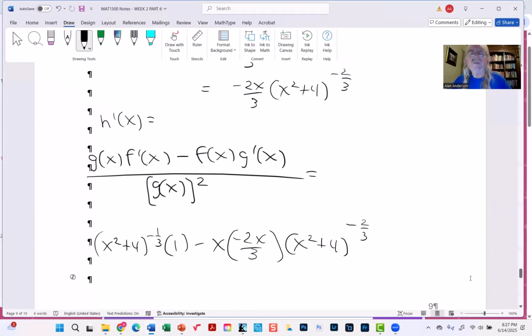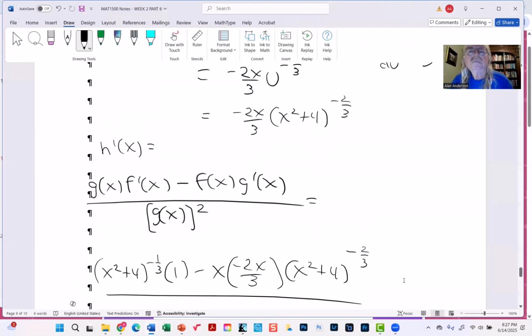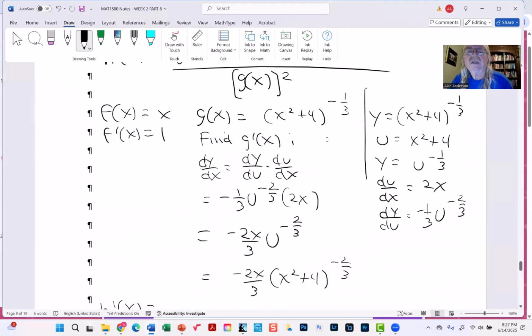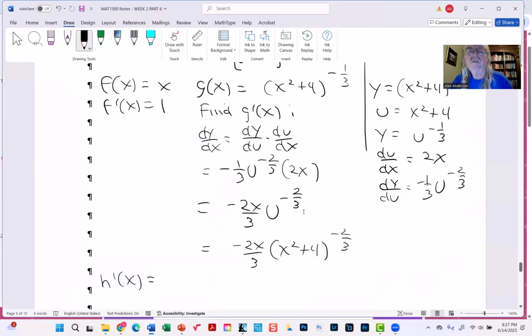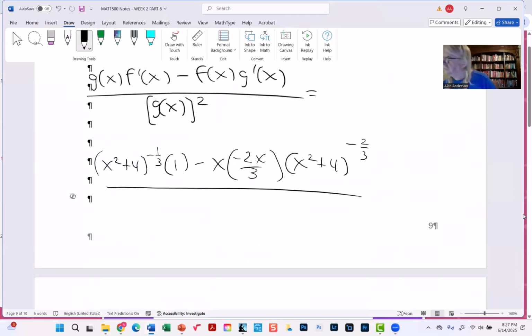And then we still have to divide by g of x squared. All right, g of x is this thing, my x squared plus 4. All right, well, you know what, I do see there's a common factor, kind of.